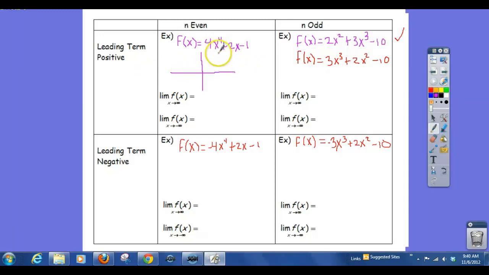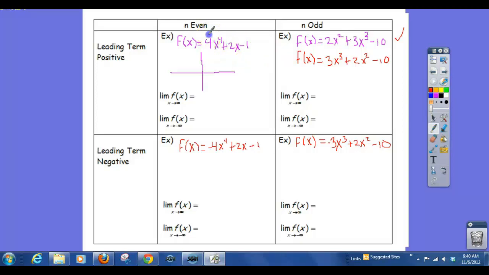So think about plugging in 1,000,000. 4 times 1,000,000 to the 4th is a really big positive number, right? Plus 2 times 1,000,000 minus 1. Well, adding that is going to increase the number.